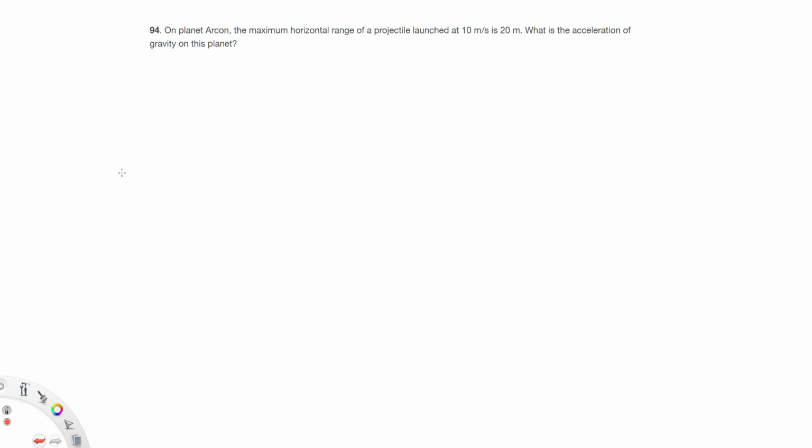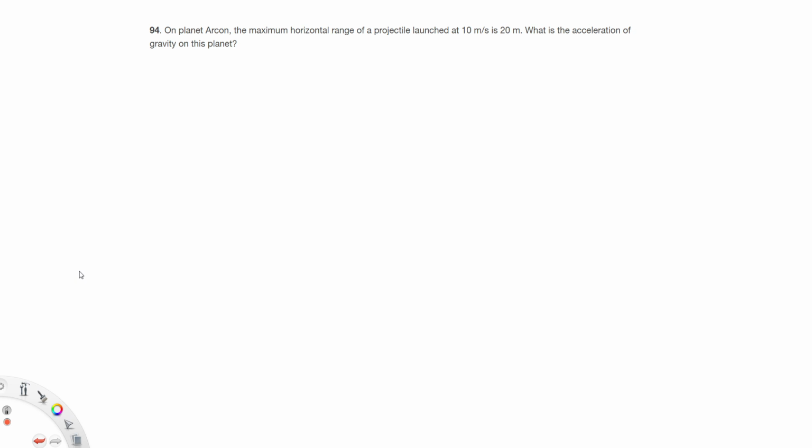All right, so for the quiz, we're looking at number 94, which is from the additional problems section in chapter 4 of the OpenStax book. The maximum horizontal range of a projectile, which is launched at 10 meters a second, is 20 meters.